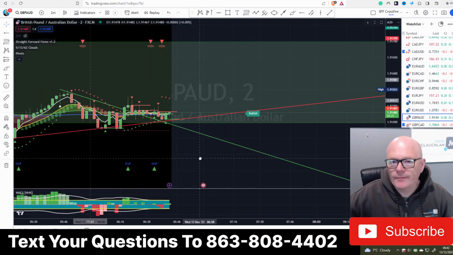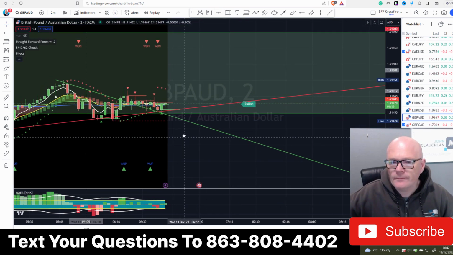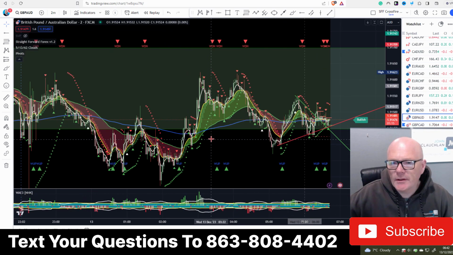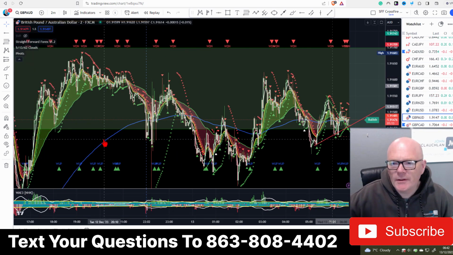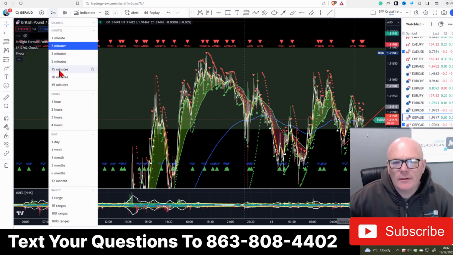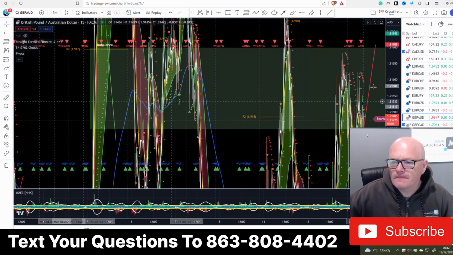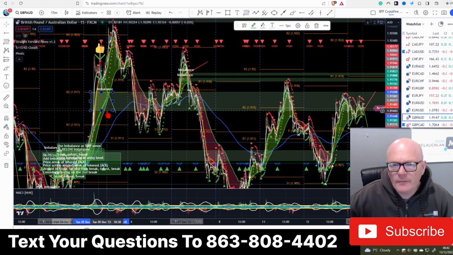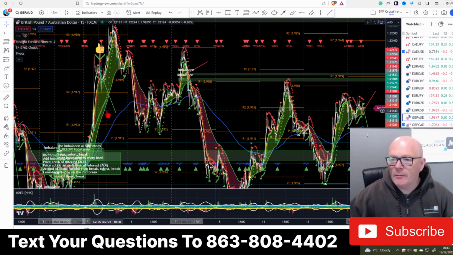GBP AUD. We just have a look at this. This is imbalanced, but it's a long time ago. Let's have a look. Yeah, that's well been taken out, which is the official term.